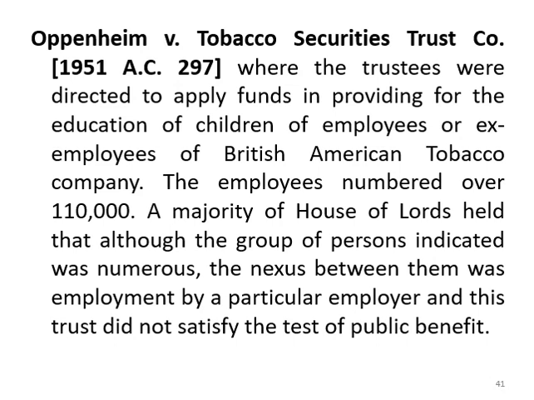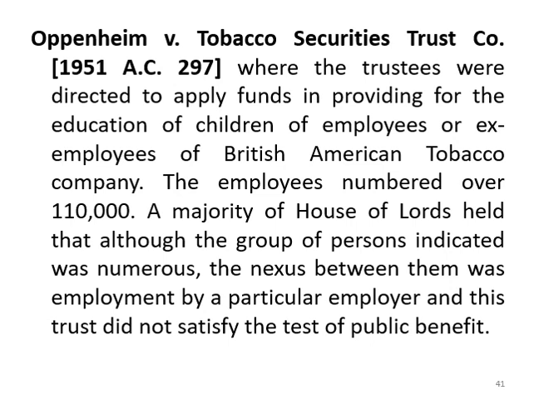The pure idea is that promotion or advancement of education is charity. Then we must see whether there is a public benefit. Children of employees or ex-employees of British American Tobacco Company. The employees numbered over 110,000.